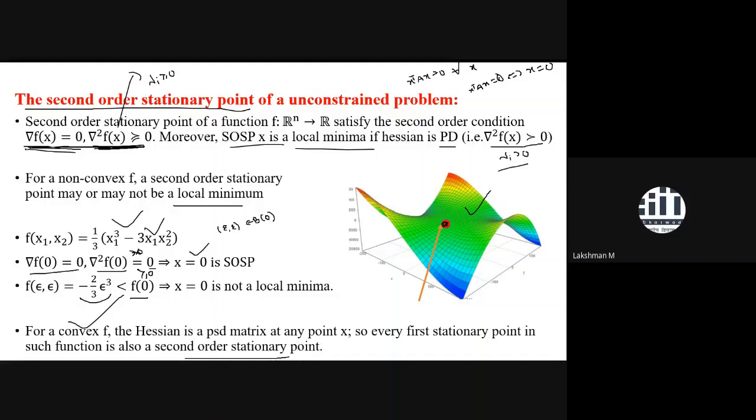That means it satisfies both conditions. The second order characterization of convexity talks about the Hessian being positive semi-definite. So due to that, you observe only one kind of stationary point in the case of a convex function.